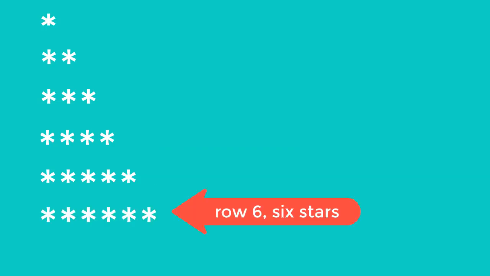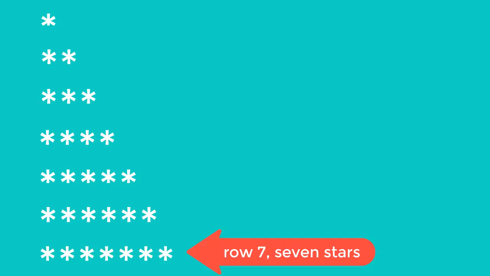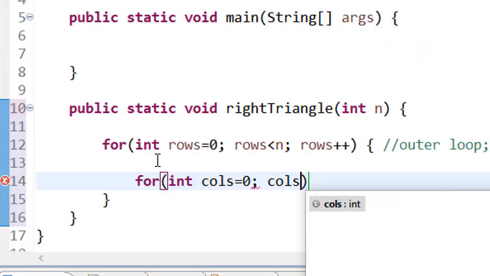On the second row we have 2 asterisks. Third row we have 3 asterisks. Fourth row we have 4. So that means that the number of rows increases with the number of asterisks that we have per each row. As we go down the rows, we have the number of asterisks or stars also increasing.